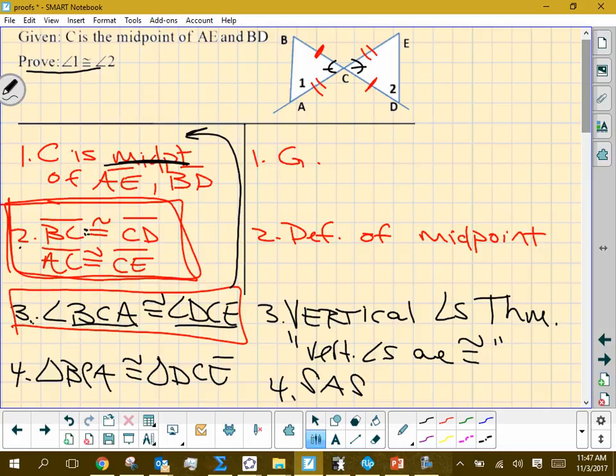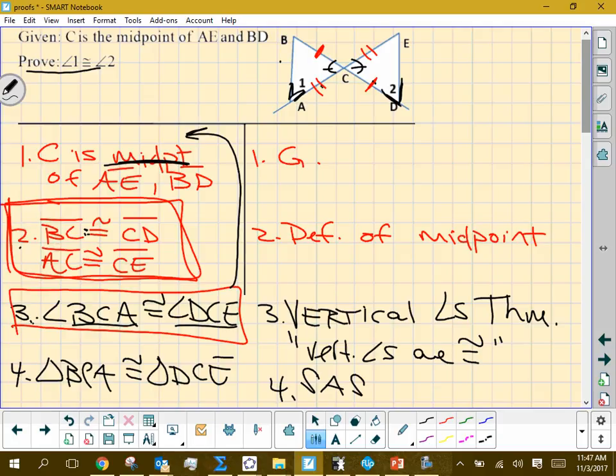Actually, no, we cannot, because they're not matching parts, right? See how this one here is between no markings and 2 markings, and this one here is between 1 marking and 0 markings. So they're not corresponding angles.